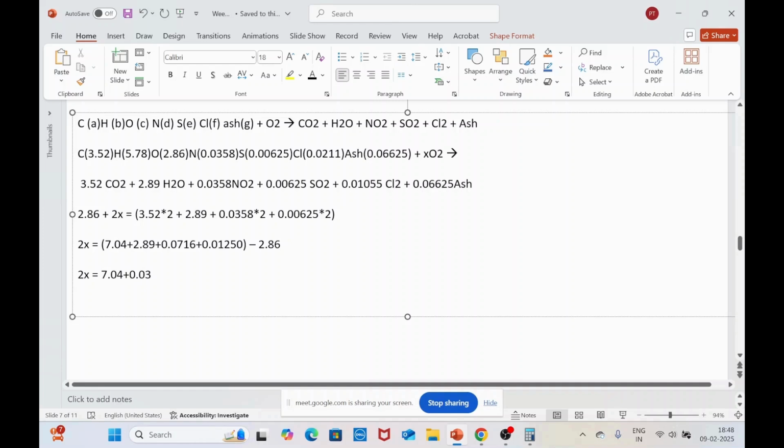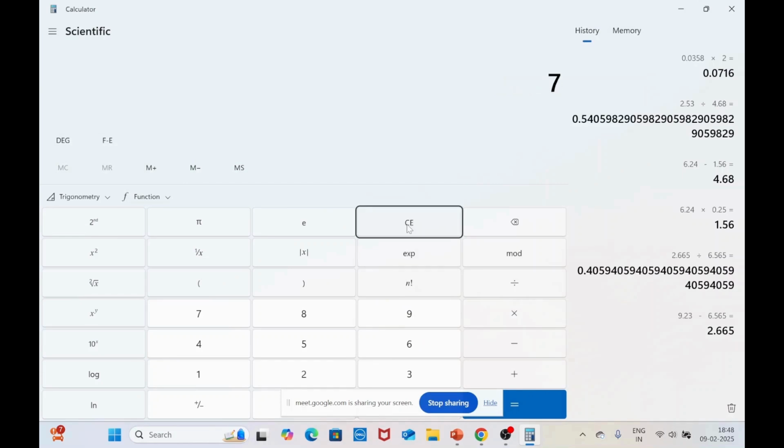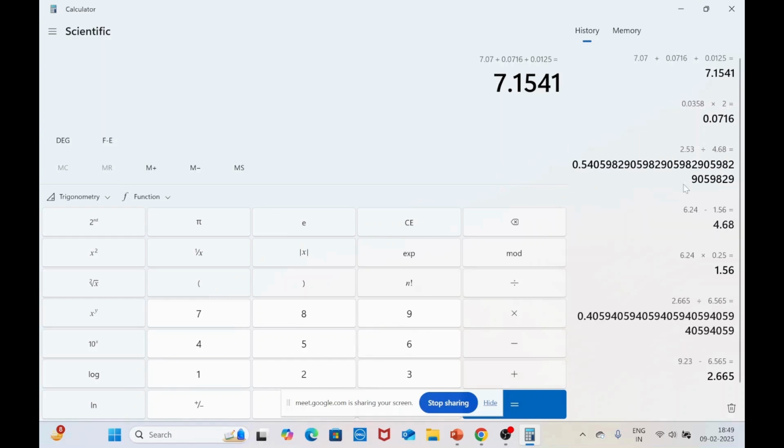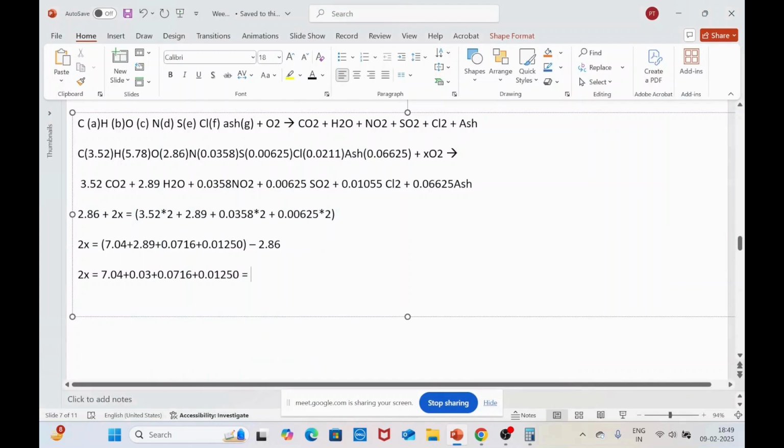So plus 0.03 plus 0.0716 plus 0.01250, that will be 7.07, and in total 7.1541.